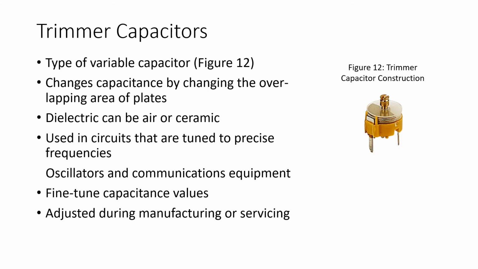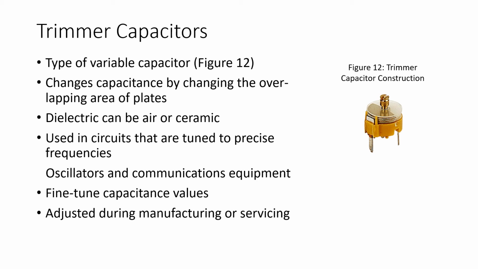Now, another type of variable capacitor that you will encounter is called a trimmer. And these are similar to a trimmer potentiometer. These variable capacitors are more of a set it and forget it situation, in that we adjust them once and then leave them alone, unlike the previous example where that variable capacitor is constantly changed to change radio stations.